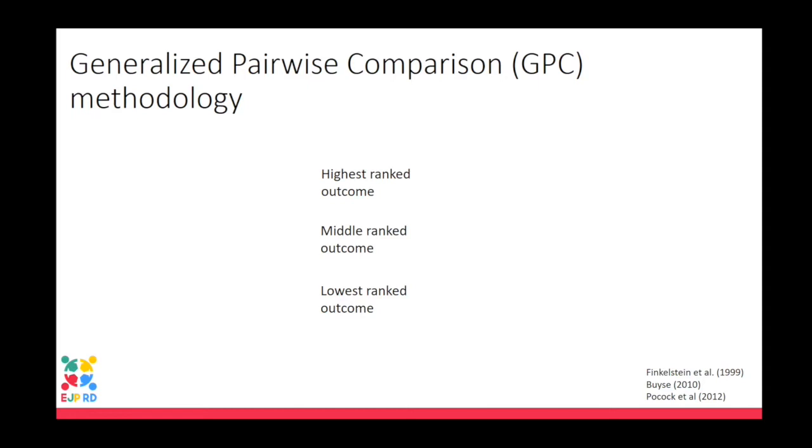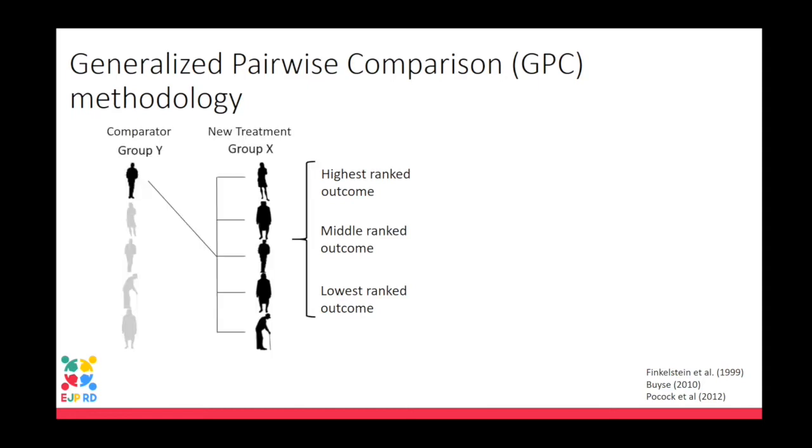If you're in a cardiology trial, that is usually mortality. What you then do is construct all possible pairs that you can construct between two subjects, one from each of the treatment arms. And per pair, you look at which of those subjects is actually doing better on that first ranked outcome.